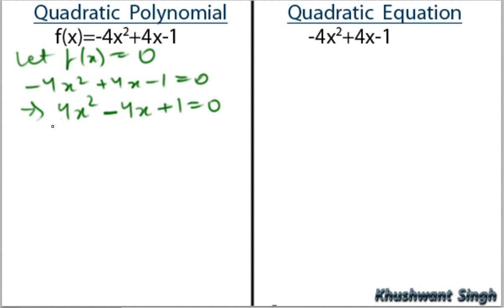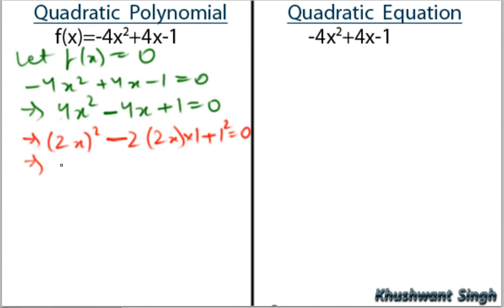Next, this is of the form (2x) whole square minus 2 times 2x into 1 plus 1 square is equal to 0. It is in the form a square minus 2ab plus b square. If you look closely, a square plus b square minus 2ab.